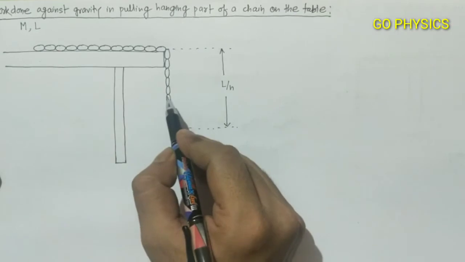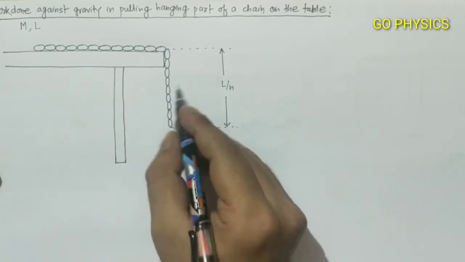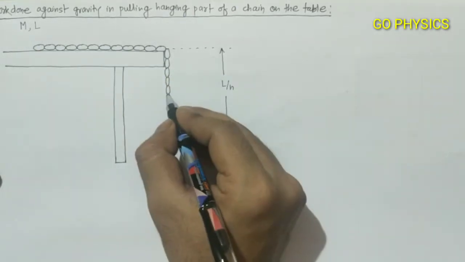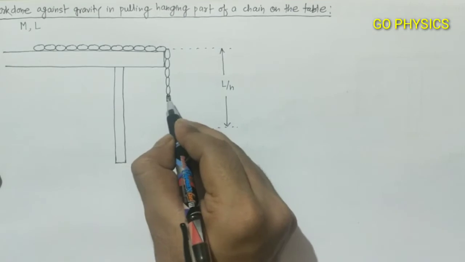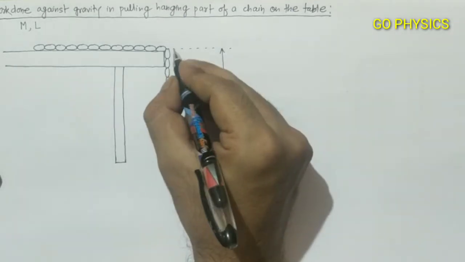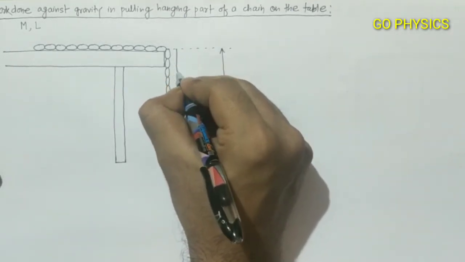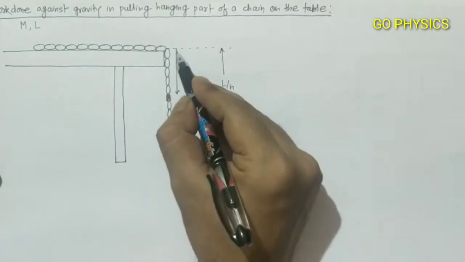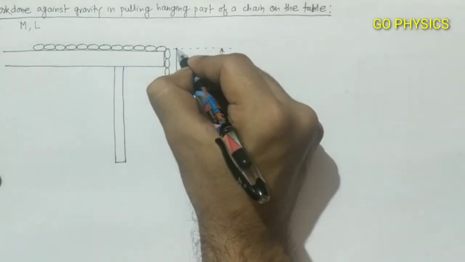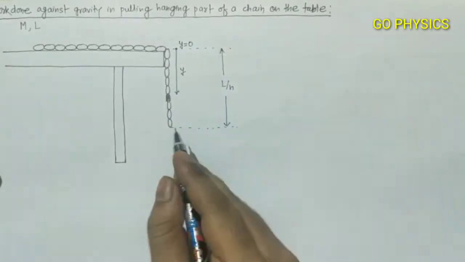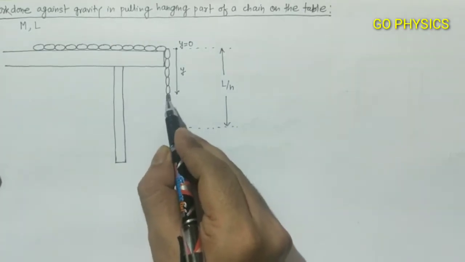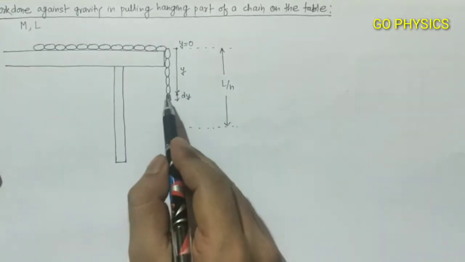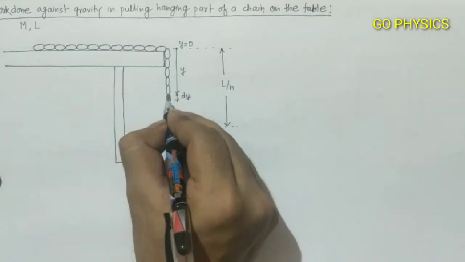First we will take a small element of the hanging part. Let us consider a small element of the chain at a distance y from the edge of the table. This is the positive y direction. So this point is y equal to 0, the length of the small element is dy and the mass of the element is dm.